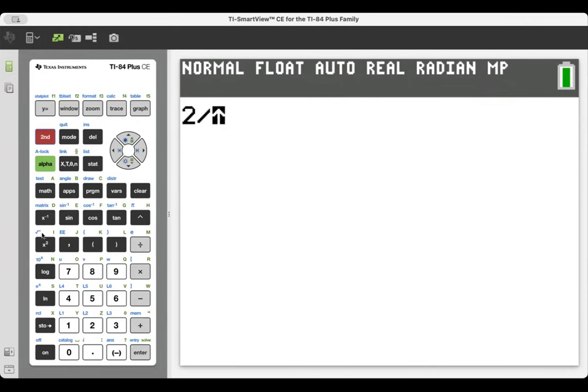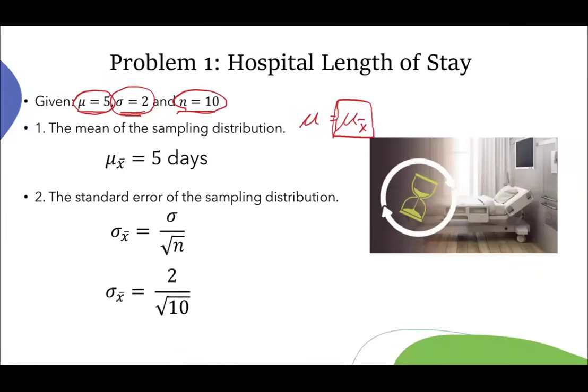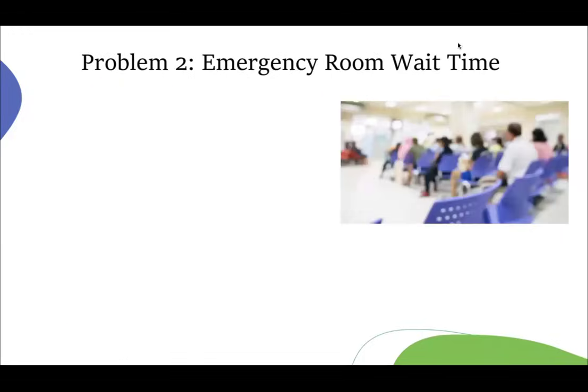Above it is in blue the square root symbol, 10. 0.6325. Okay, 2 divided by square root of 10 is 0.6325. So we're using the proper symbol and we're calculating the standard error.